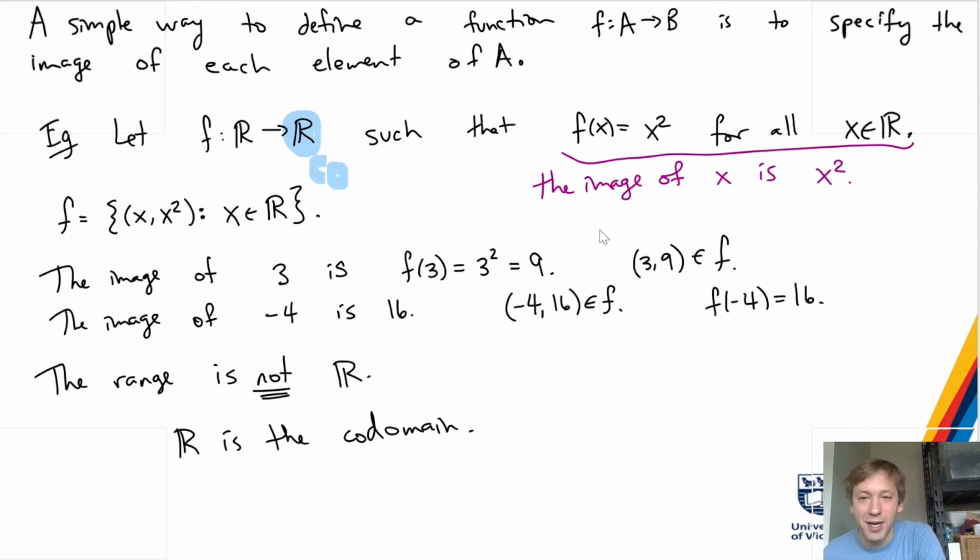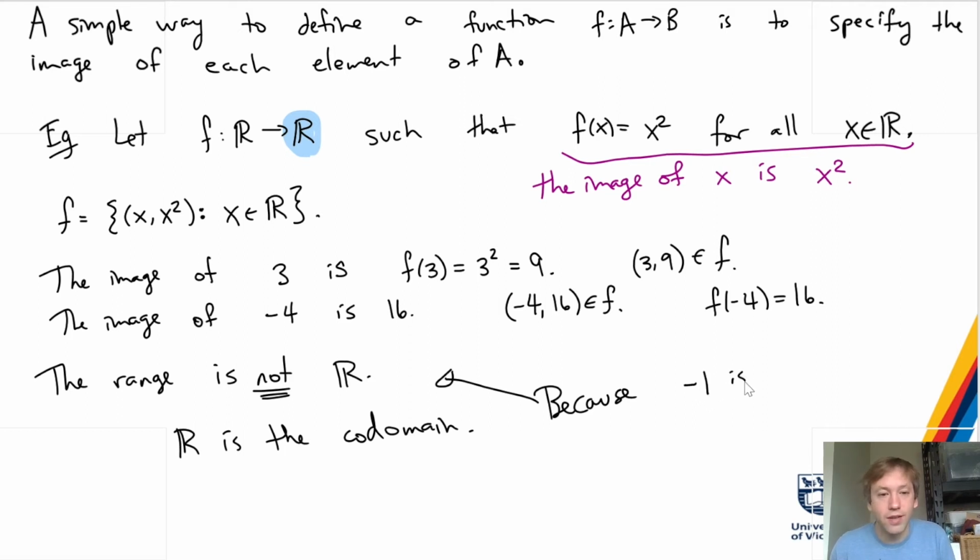This is terrible writing with a highlighter. But it's not the range because you can't get -1, for example. So -1 is not in the range of f. There's no real number that I can square to get -1.